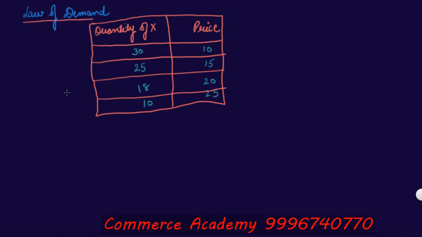I gave you a very weird example of samosa. I don't know how many of you like it, but I do not like samosa. But still, I give you an example. Suppose you have rupees 20 in your pocket and your samosa costs you rupees 5 per piece, you are able to buy only 4 samosas, 4 units of it.